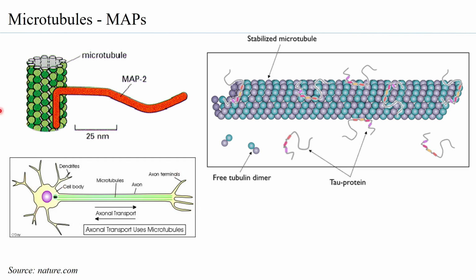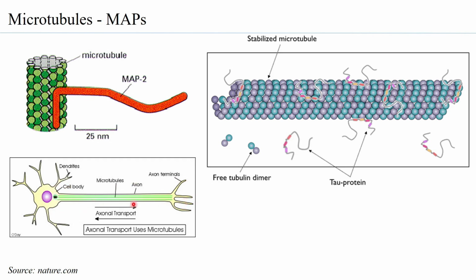So, effectively, the axon is an area of the neuron which enables transport of molecules from one end of the neuron to the other end. You can have molecules being moved from the cell body to the axonal end, and molecules being moved from the axonal end to the cell body.